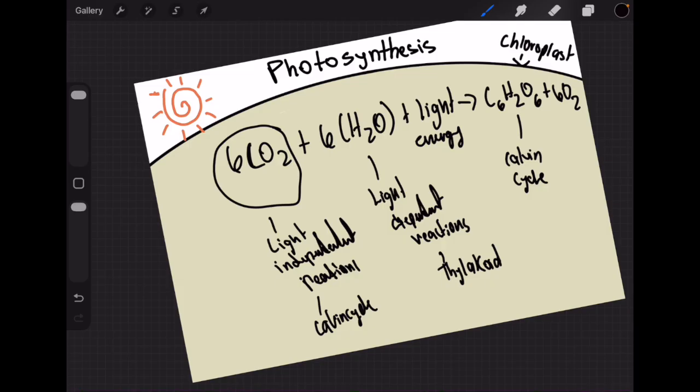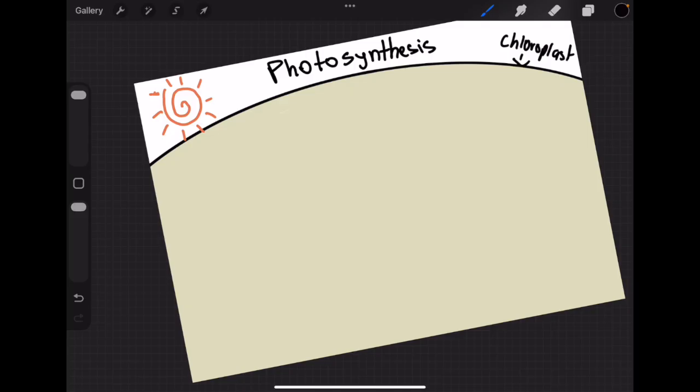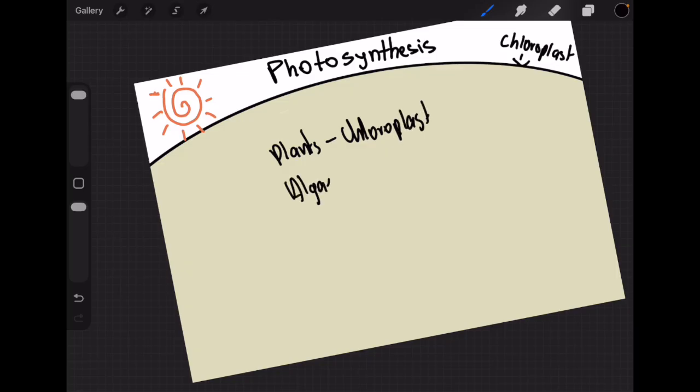Also, we know that photosynthesis is not just done by plants. In plants, it's done in the chloroplast. We have algae that does it, even though they're single-celled or multicellular, they still do it.